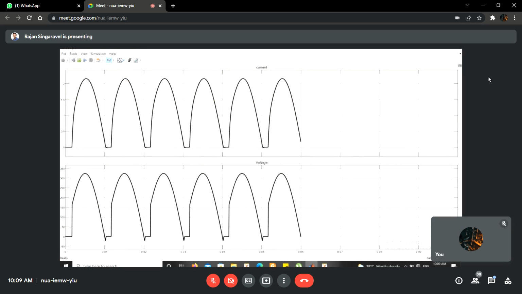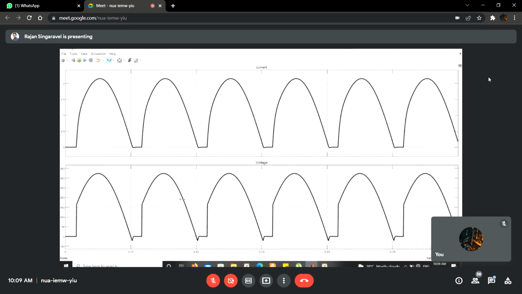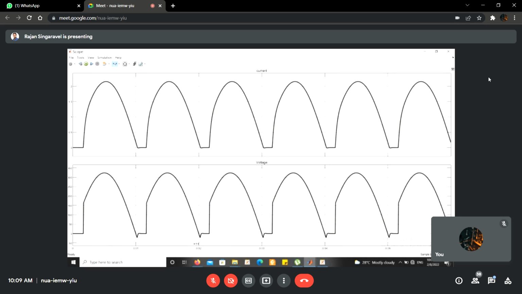Just see the waveforms here, the bottom one is the voltage waveform. Now you can see there is a small negative voltage beyond omega t equal to pi for every half cycle, a small negative spike, right? That is not available in the R load condition, because all other things are the same. The only thing we have introduced is an L component in the load, but now we are getting a small negative peak.